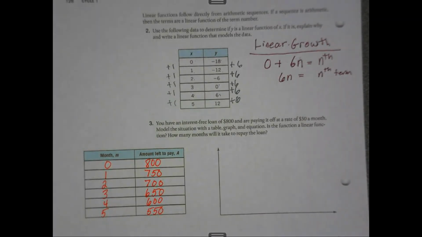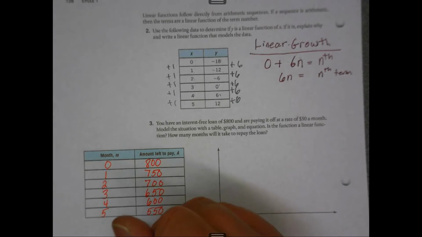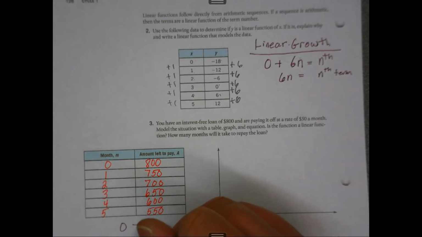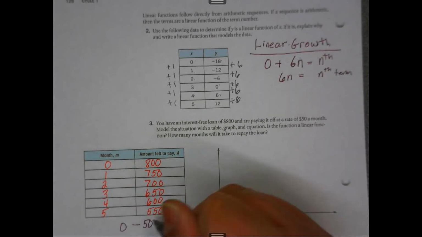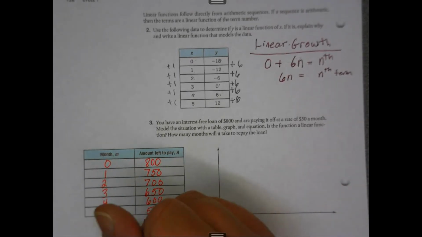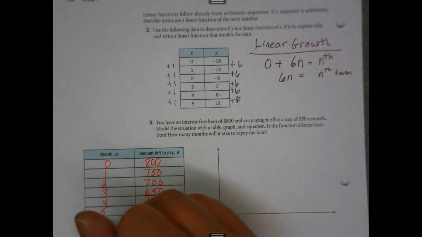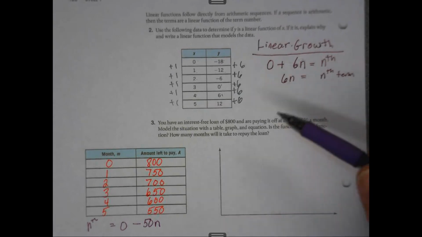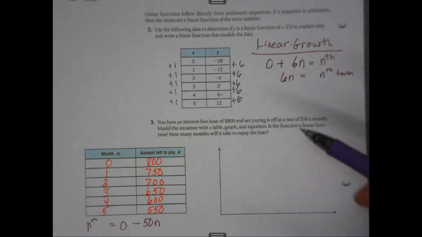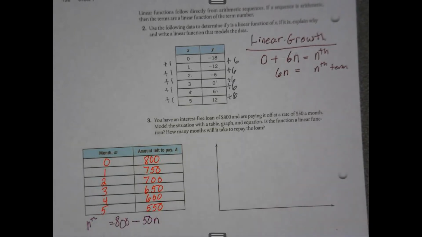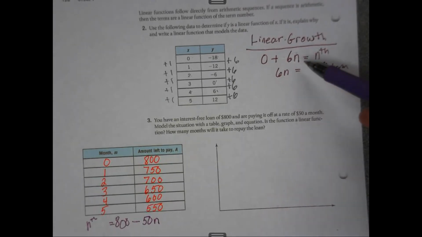So my equation here is 800 minus, or plus a negative 50 bucks, depending on that number. Sorry, this would be 800. I should have done that up there too.